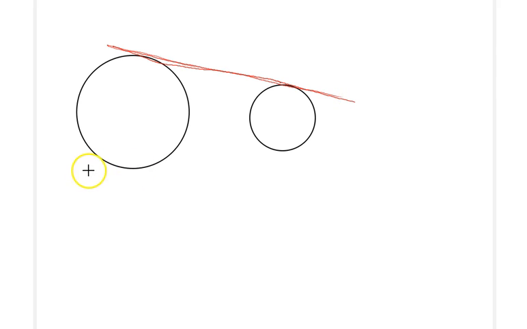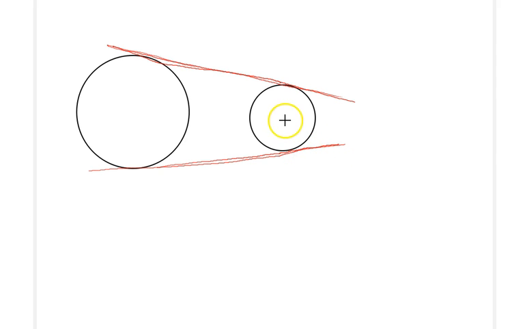When we are given two circles, let's say we have this circle here and another circle like this, it turns out, and this is a very well-known result, that when you draw the external tangents like this, there you go.